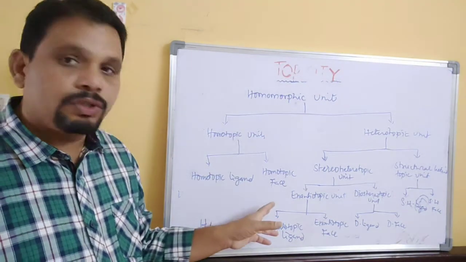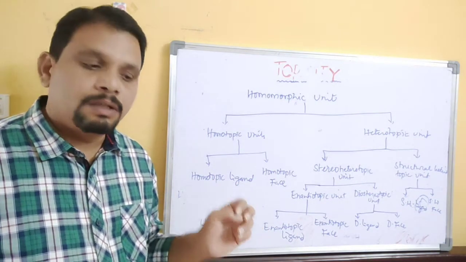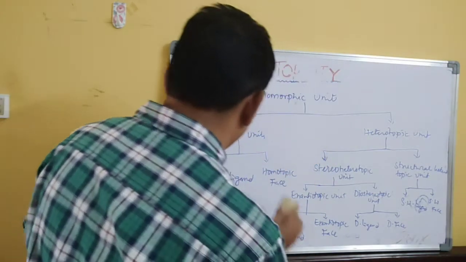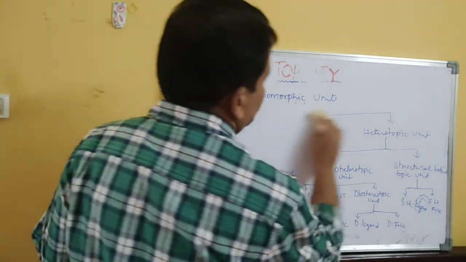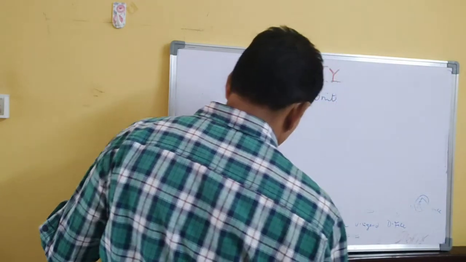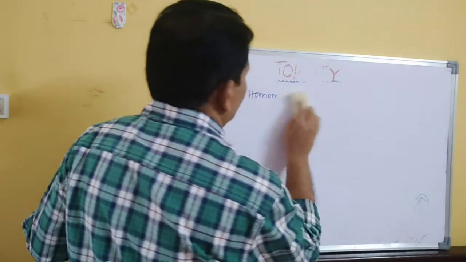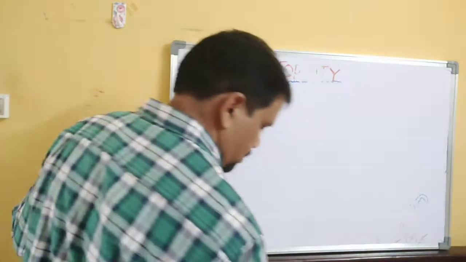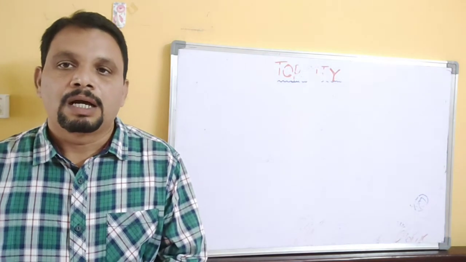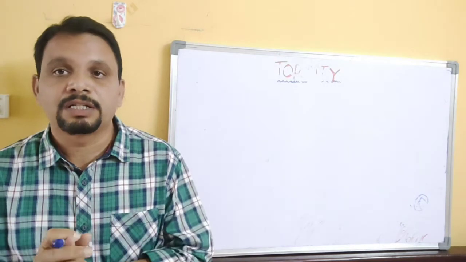So all these terms we are going to define and explain with some examples. Okay, so I already gave you the definition for homotopic unit. Okay, so homotopic unit: the atoms or groups in isolation look the same, and are superimposable mirror images of each other in that molecule.